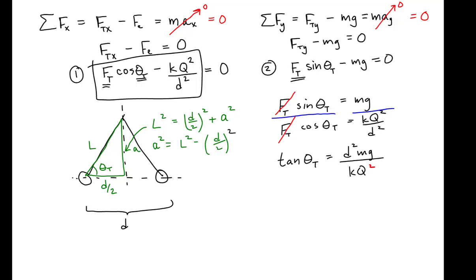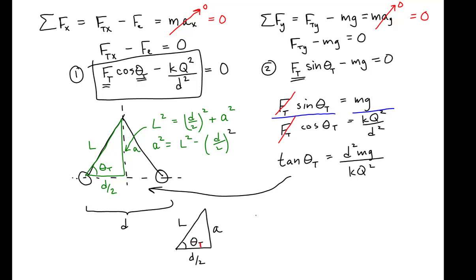So let's deal with that angle. We could deal with that angle by going back to our right triangle. Let me redraw this right triangle just so it's a little bit cleaner. This side is d over 2, this side is a, this side is L. Here is our angle.